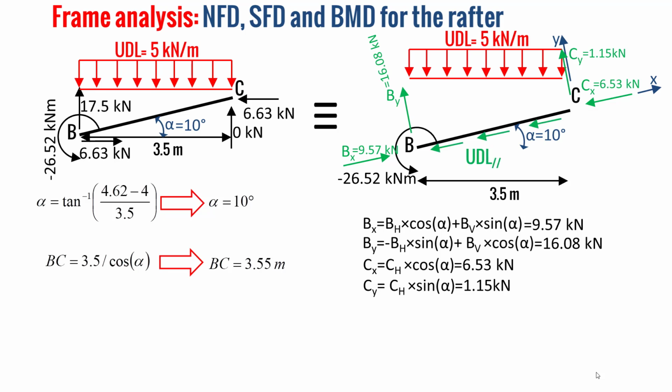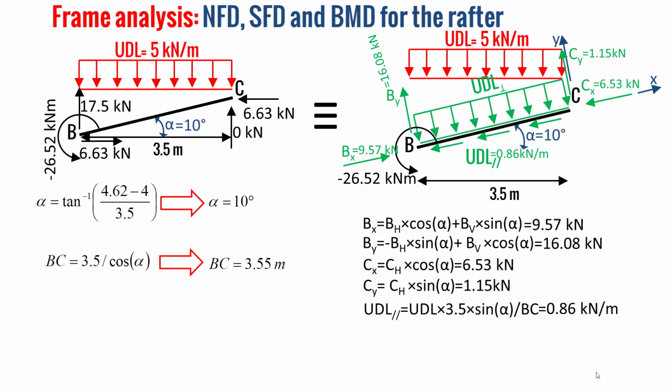And we determine the UDL parallel based on both a conversion of the UDL into a point load and a trigonometric conversion, and we obtain UDL parallel as 0.86 kilonewton per meter.